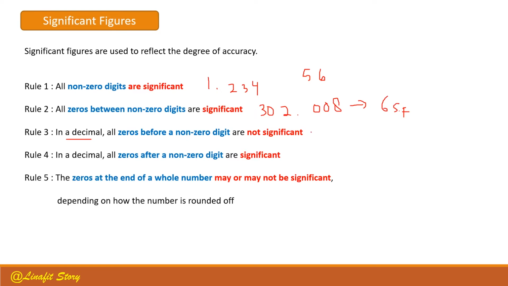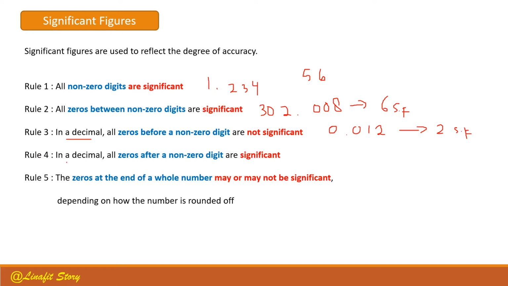For example, 0.012. It has 2 significant figures. Remember, this is a decimal. All zeros before a non-zero digit are not significant. So, it only has 2 significant figures.